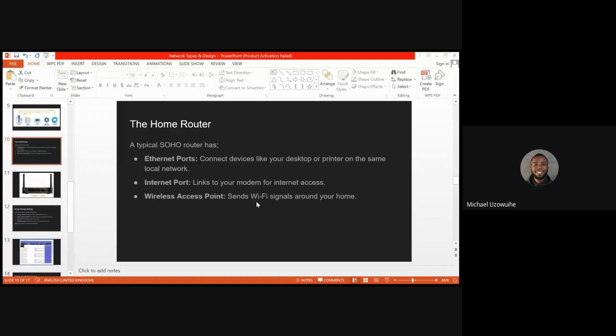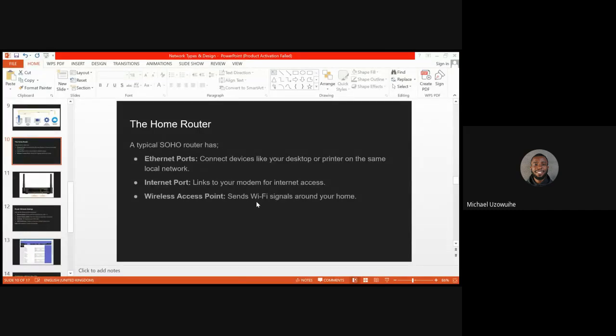Those devices you want to connect to have internet connectivity, you plug them into the router to provide them with internet access, be it your laptop, your desktop, printers, and some other devices.